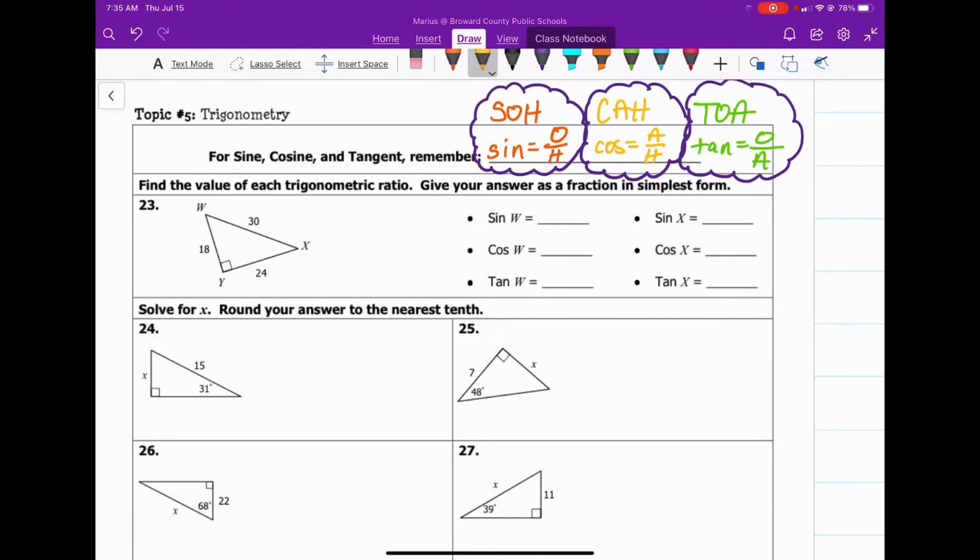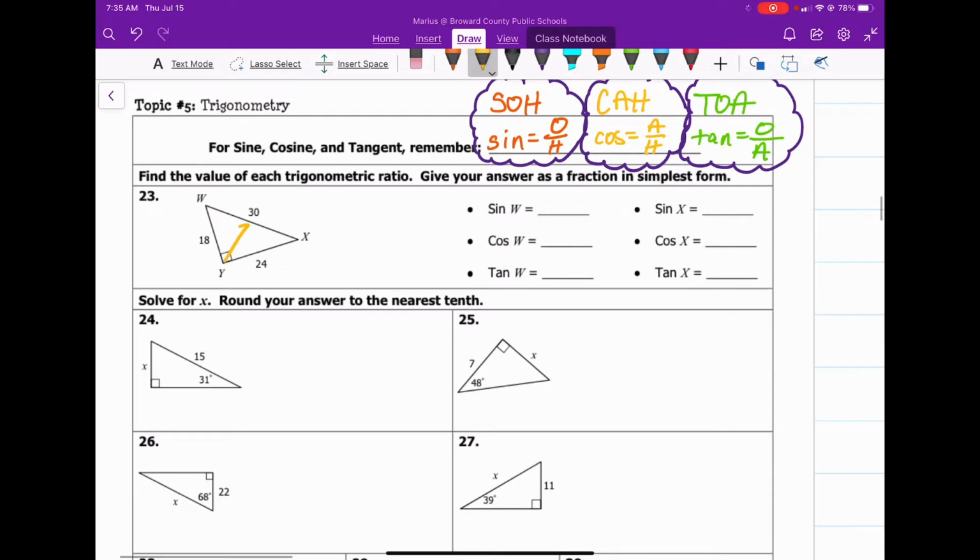The first thing I always do is label my hypotenuse. So 30 is the hypotenuse. It's always going to be the hypotenuse. Depending on what angle they're talking about, I figure out what is opposite and what is adjacent. For these first three, W is the angle.